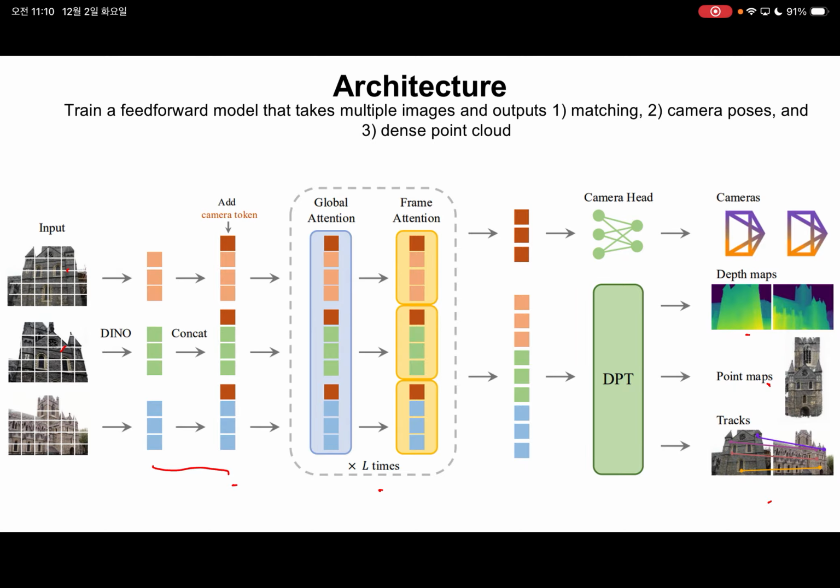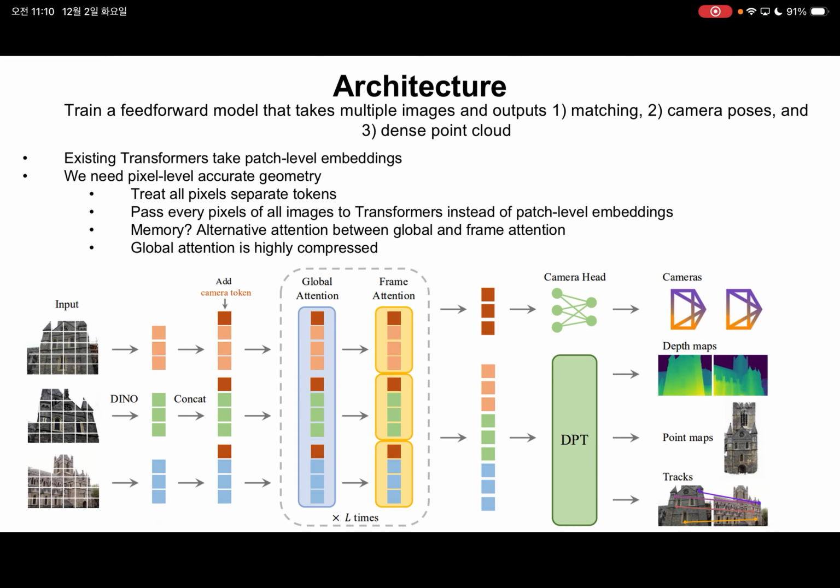So I will not introduce the architecture, but one thing is that existing transformers take patch-level embedding. For example, if we have an image with height and width, instead of taking each pixel separately, it makes a small local patch, and then each patch becomes a token.